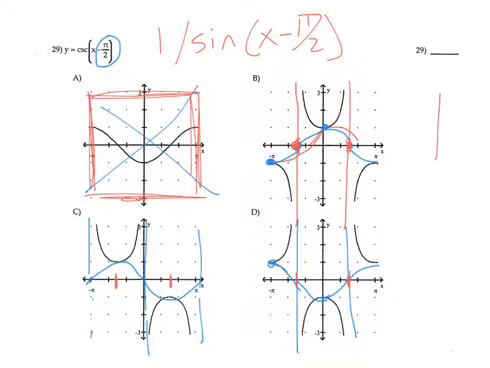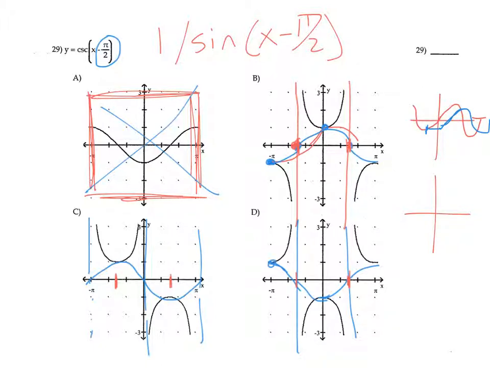What I'm thinking of here is that I know sine hits the origin, but if I kept that going like this and shifted that graph to the right a little, this point is going to hit here on the origin, and so it's going to be a little bit out of sync. So which one of those does that? D?